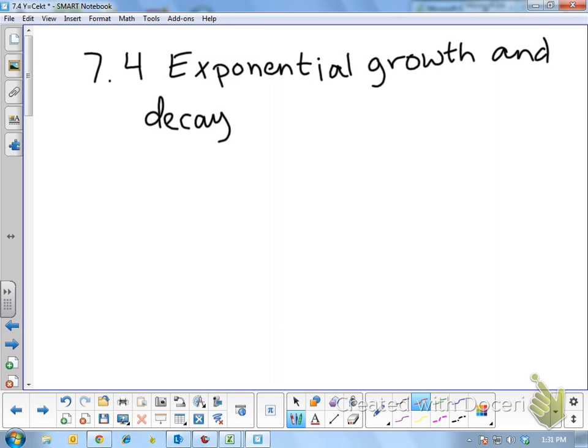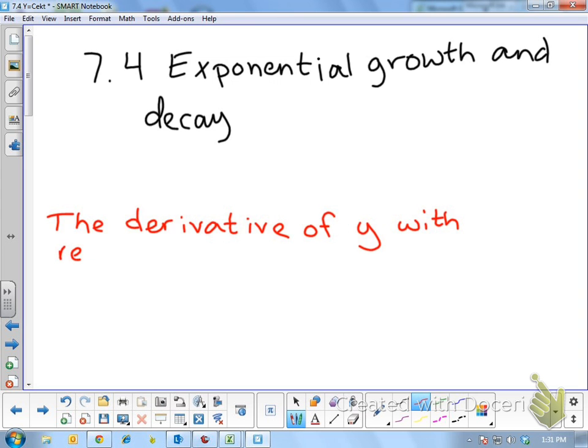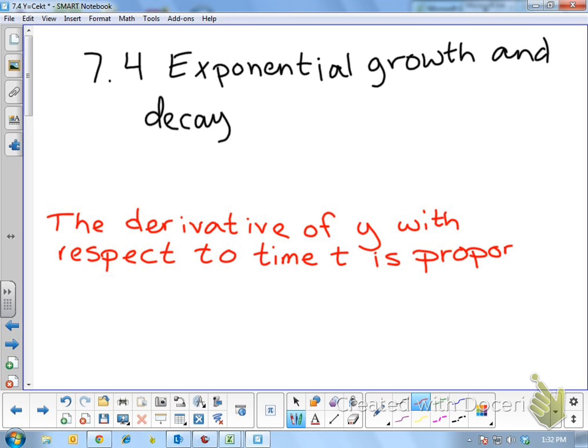So the sentence: the derivative of y with respect to, say, time t is proportional to the function y.